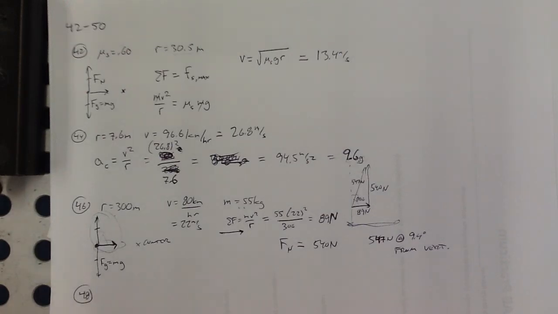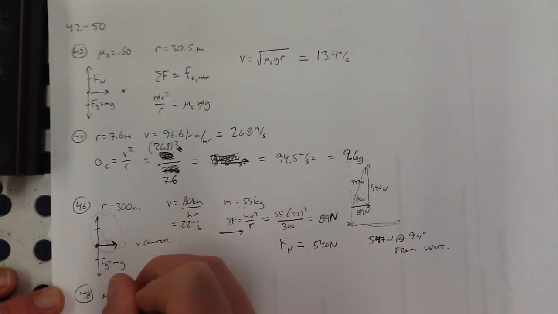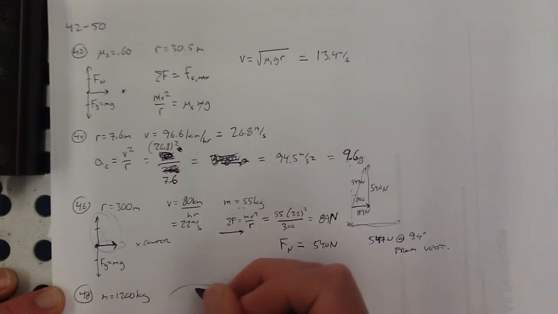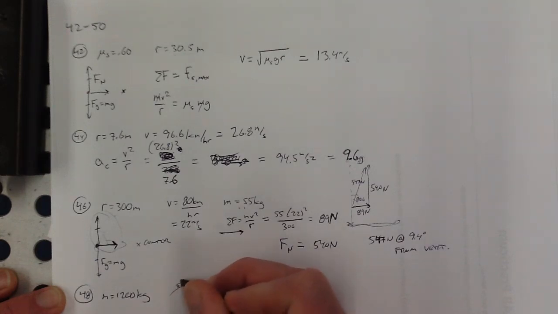Number 48. A roller coaster car has a mass of 1,200 kilograms when it's all loaded with people and their cell phones and stuff. As the car passes over the top of a circular hill of radius 18 meters... Never pass up an opportunity to draw a roller coaster.